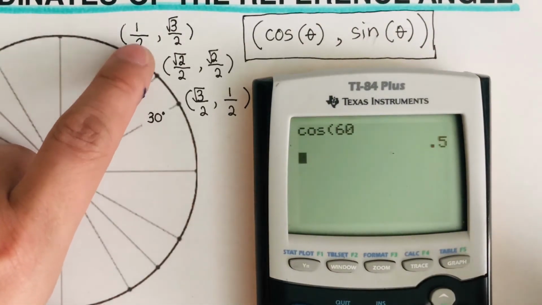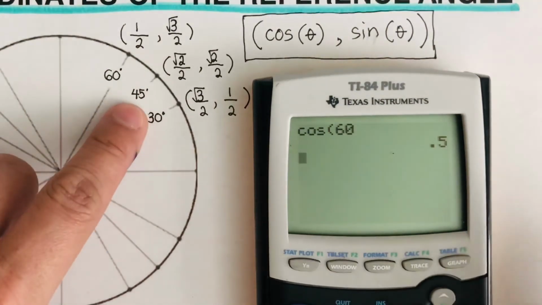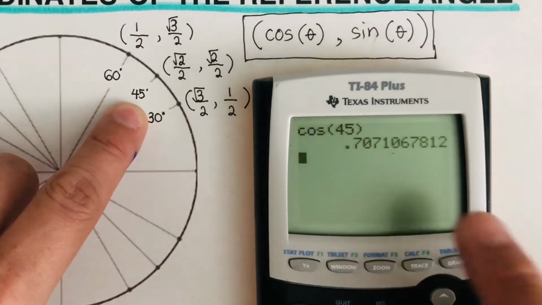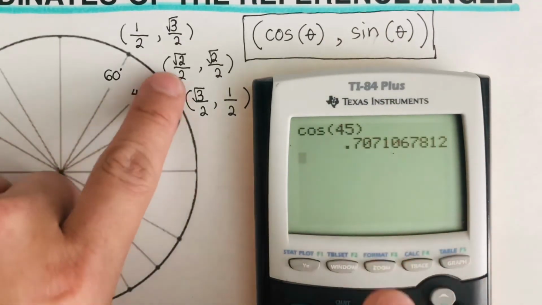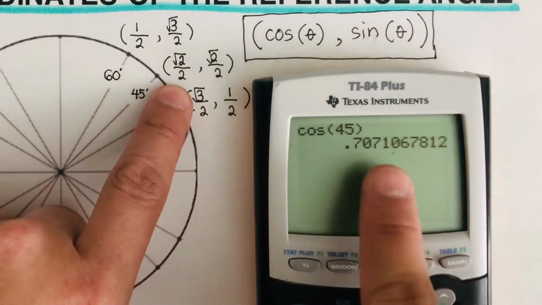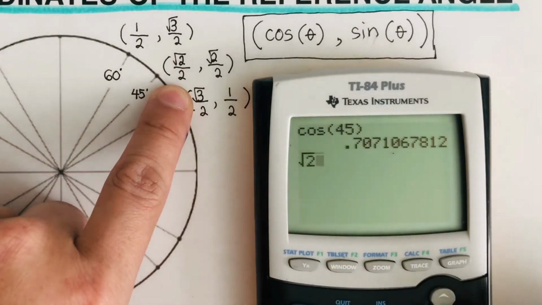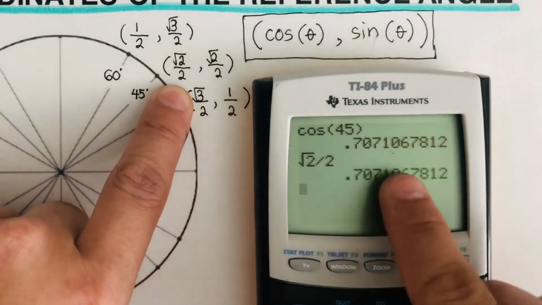So it matches with this value right here. Now if we go cosine 45, the value for that is this one. So let's see if this square root of 2 over 2 is actually this value. So that would be square root of 2 divided by 2 is actually the same value.